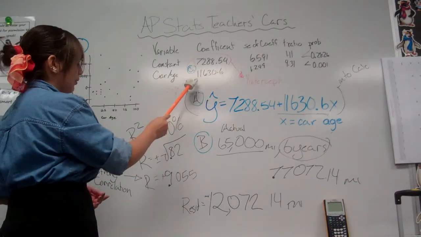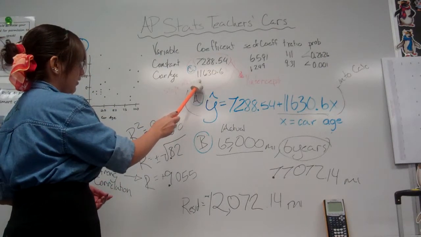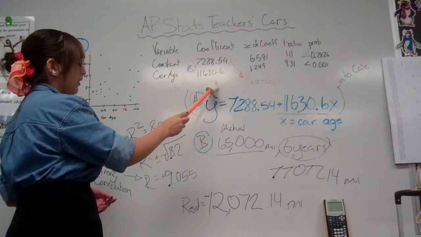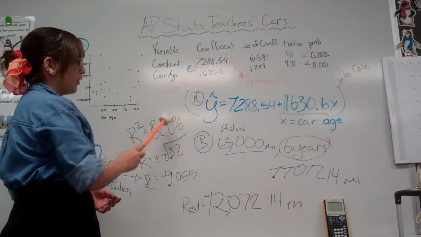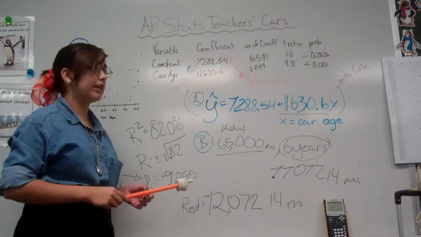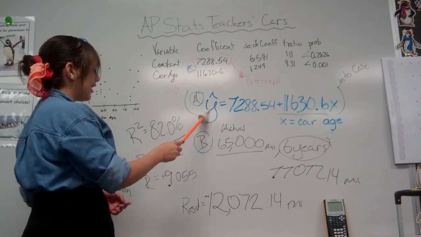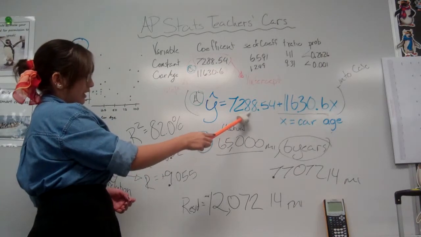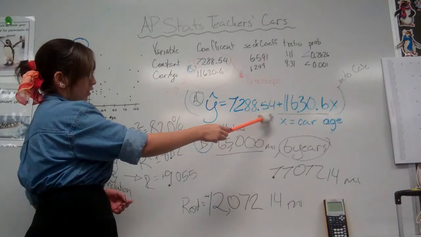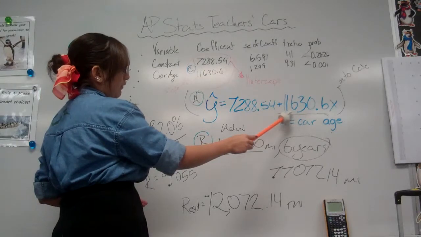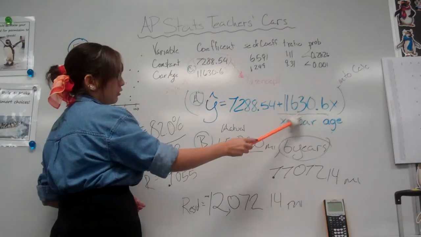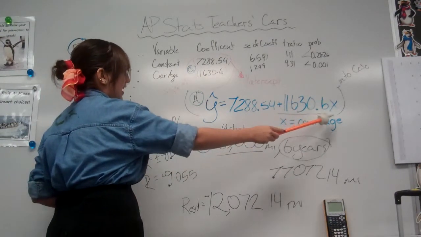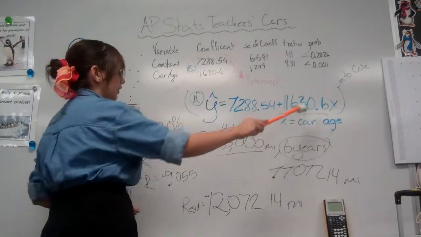The number right below it, 11,630.6, would be our slope. Putting these together, the least squares regression line is y hat equals 7,288.54 plus 11,630.6x.